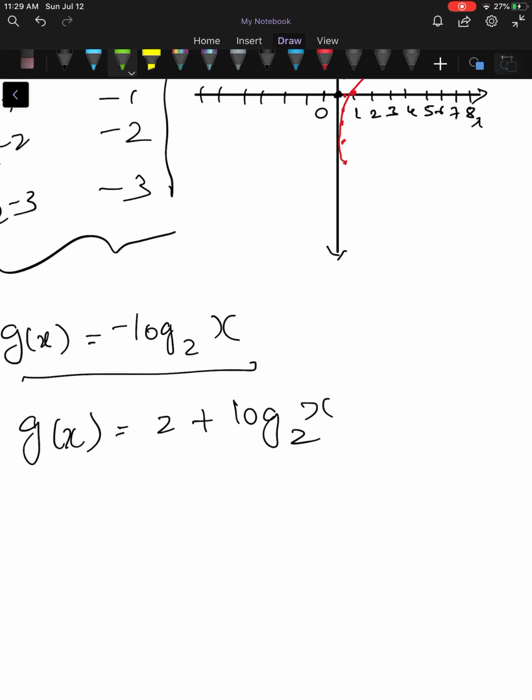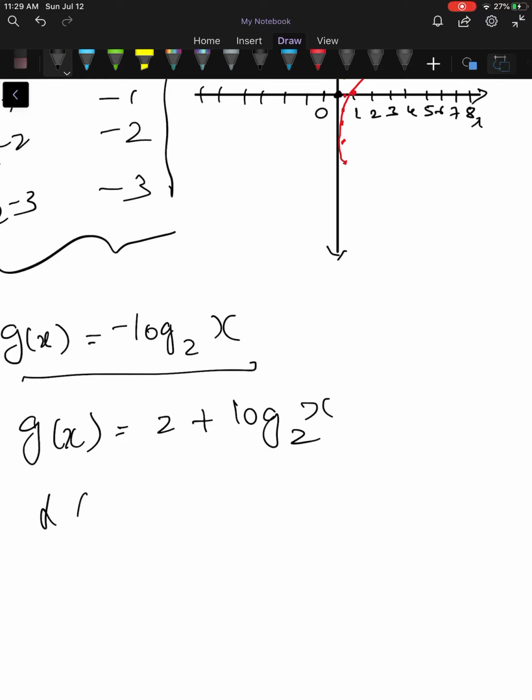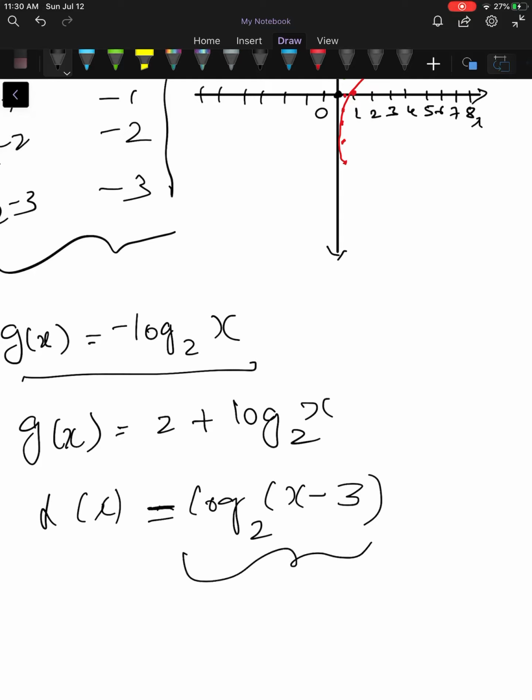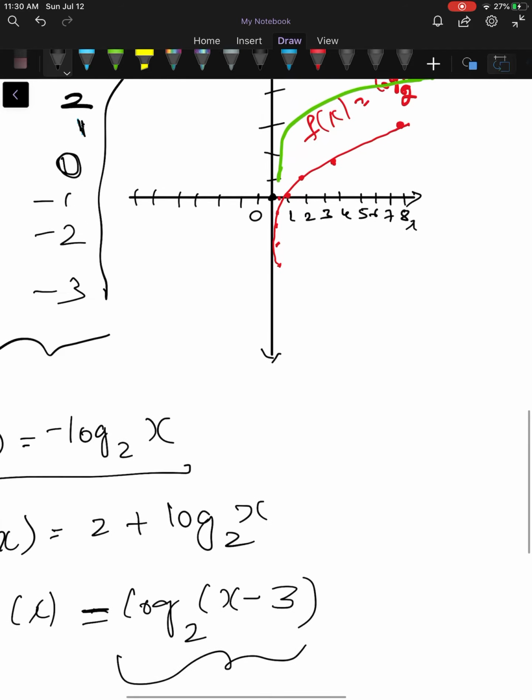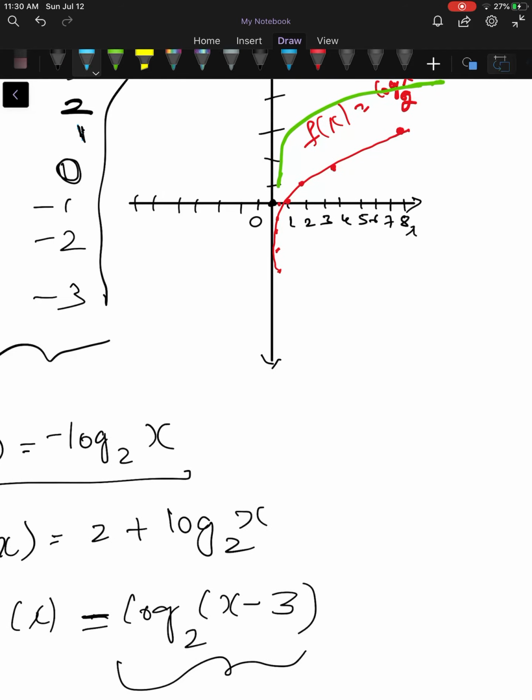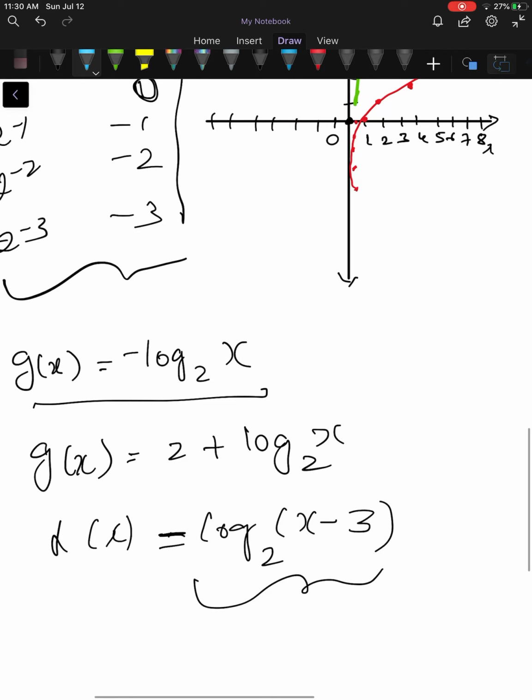And you can do the same for input values also. So if you are given to plot h of x is equal to log 2 of x minus 3, in this case you have the same graph, but what you are doing is obtaining h by shifting the original graph to the right by 3 units.